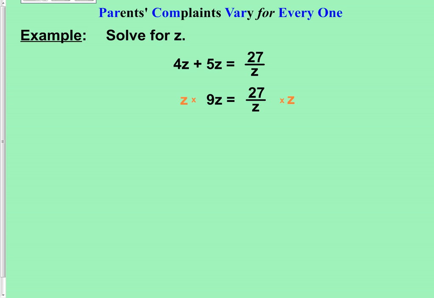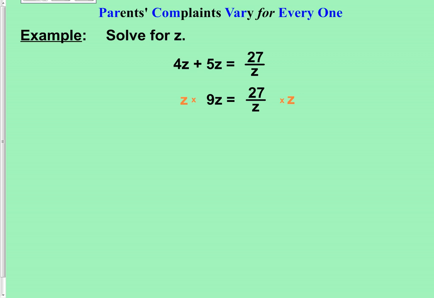On the right side, that puts a z in the numerator and a z in the denominator, so they can cancel. Now on the left side, we've introduced another z. Well, there was already a z over there. Okay, so we've got 9, obviously, on the left. That's going to continue to exist. But now we have z times z.